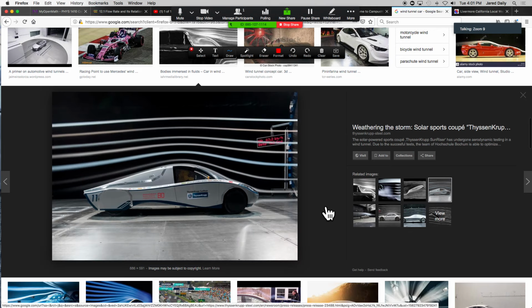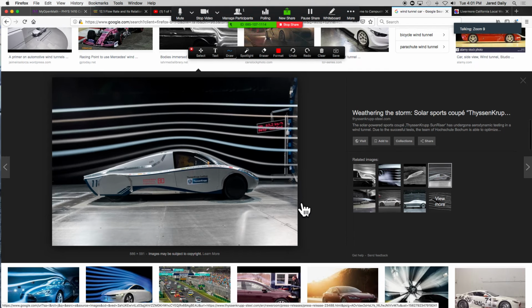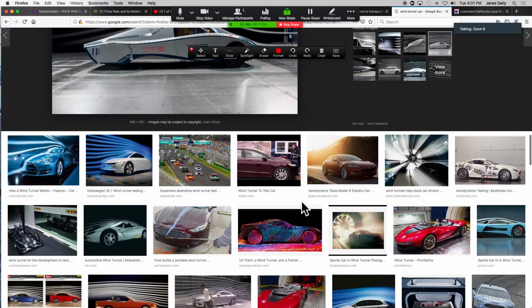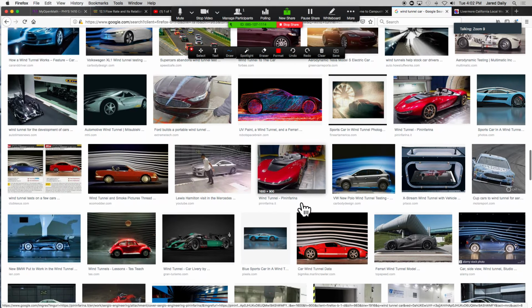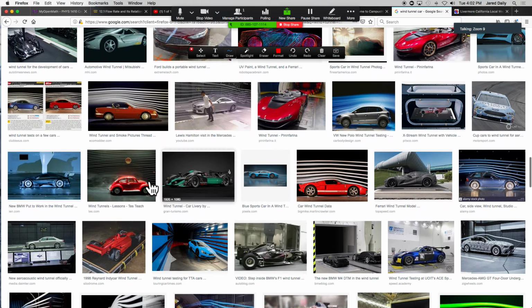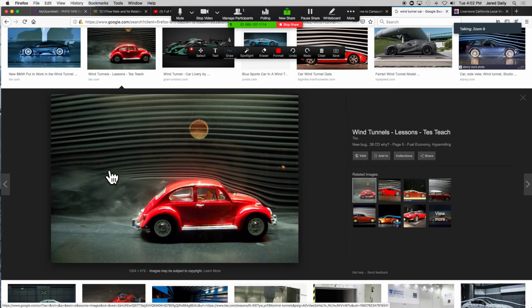Here's an electric car designed for high efficiency, extremely laminar flow, right? And all these things have a reason. Here's my car when I was a kid. It's a toy, but I still have one of these. I had a real one. Lots of turbulent flow behind the car, not very aerodynamic.